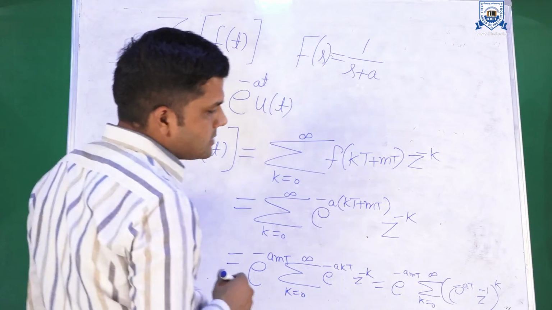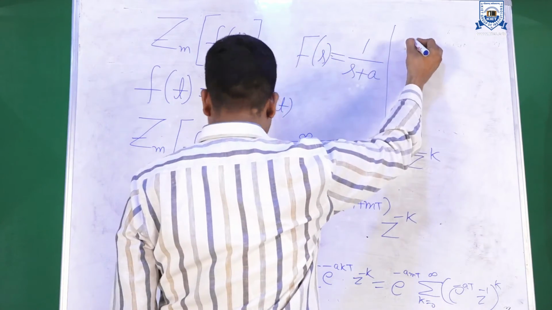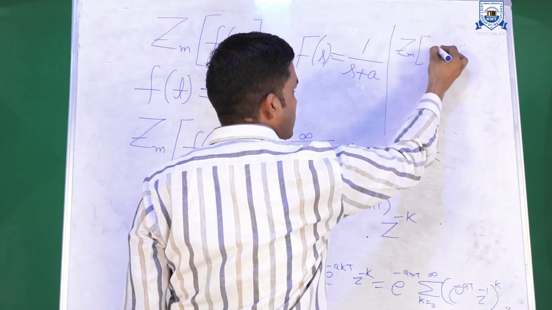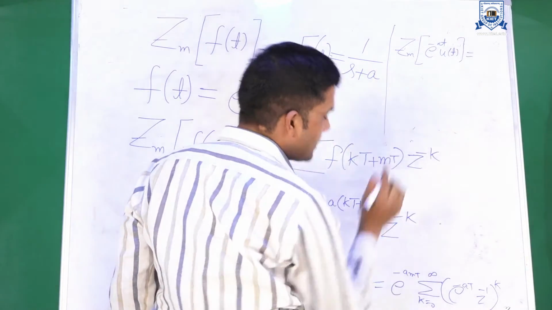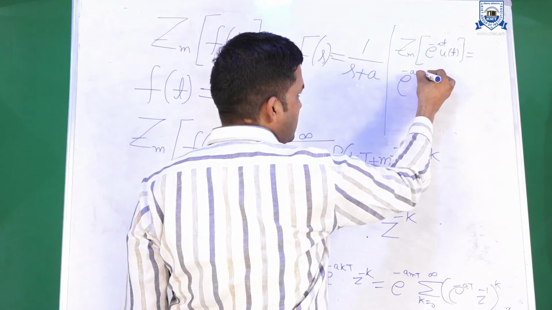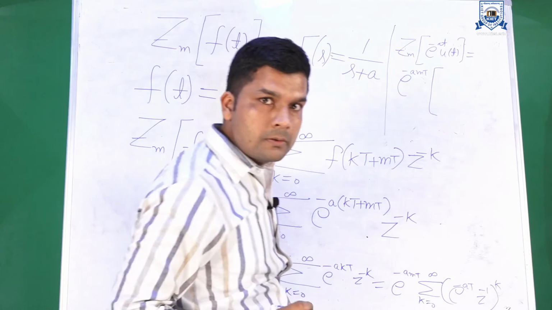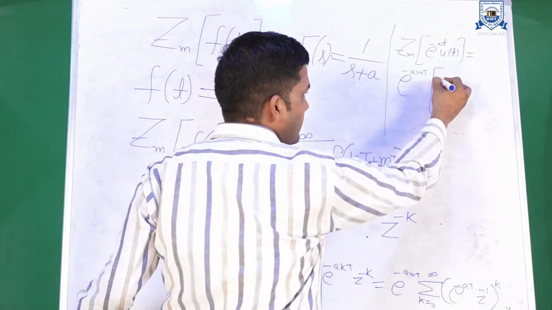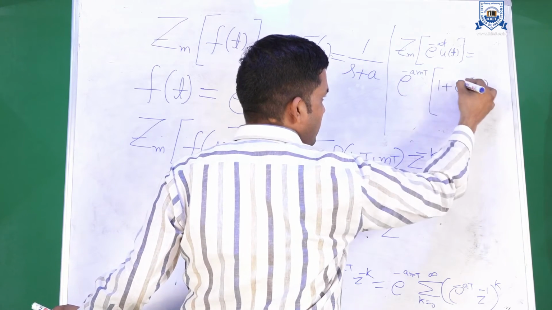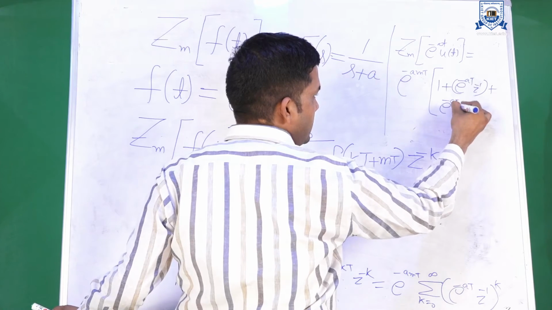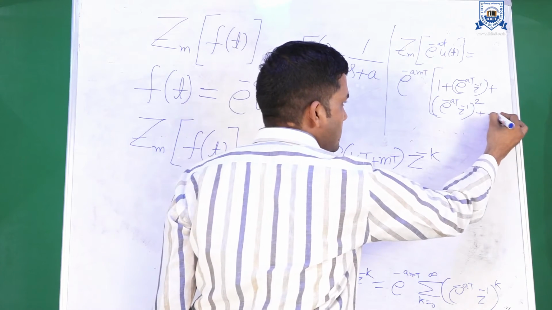We can expand this summation and we get modified Z transform of e to the power minus at u(t) is equal to e to the power minus amT into, first value is k is equal to 0, then 1, plus e to the power minus aT z inverse to the power 1, plus e to the power minus aT into z inverse to the power square, and so on.